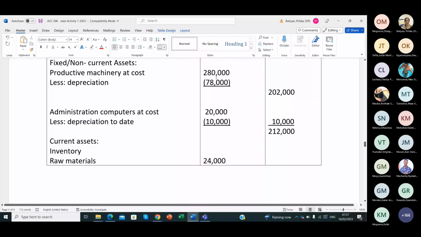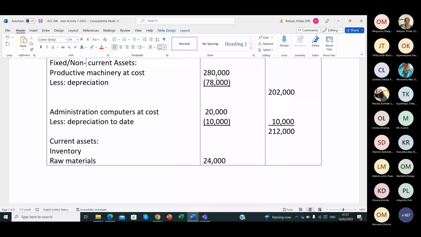And how much depreciation has been charged on the productive machinery in the manufacturing account? 28,000. Okay, so 28,000 was for this year, and the provision for, where is it?